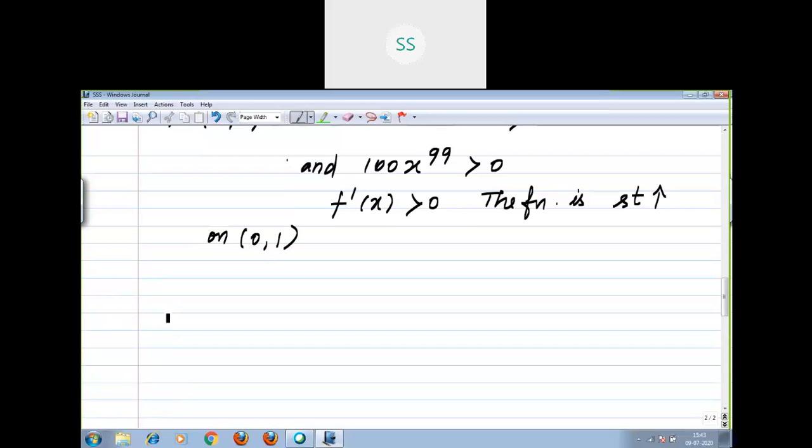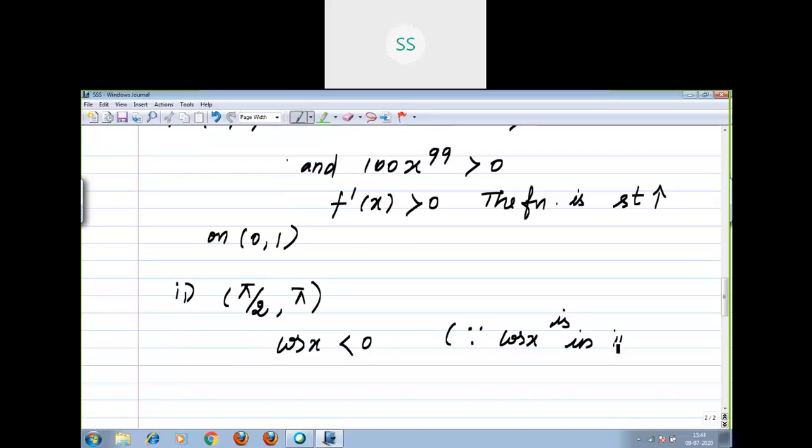Pi by 2 comma pi, the second one. See here, cos x is less than 0. Why is cos x less than 0? Because in the second quadrant, cos is negative. Therefore, cos x is less than 0.